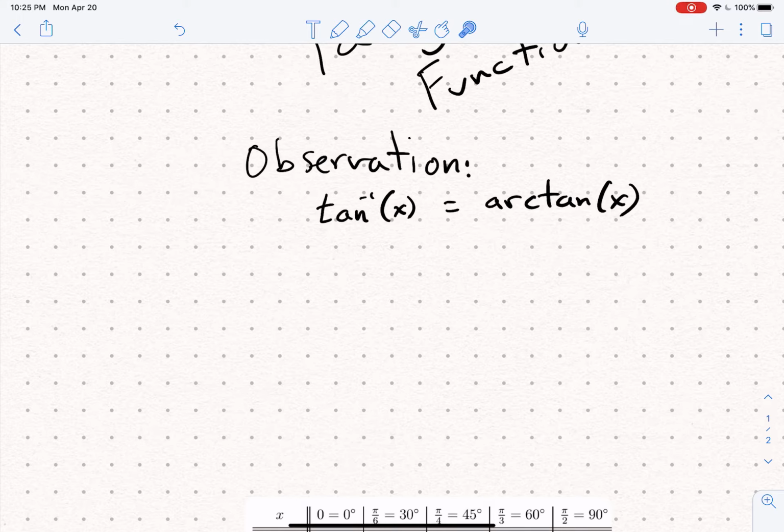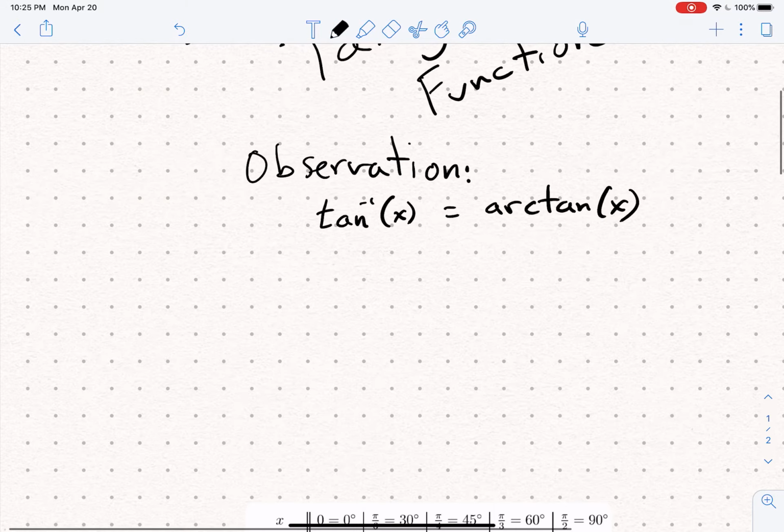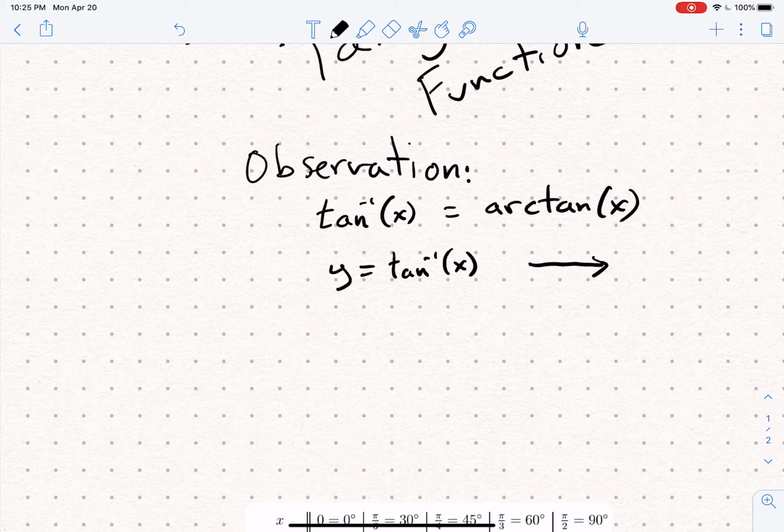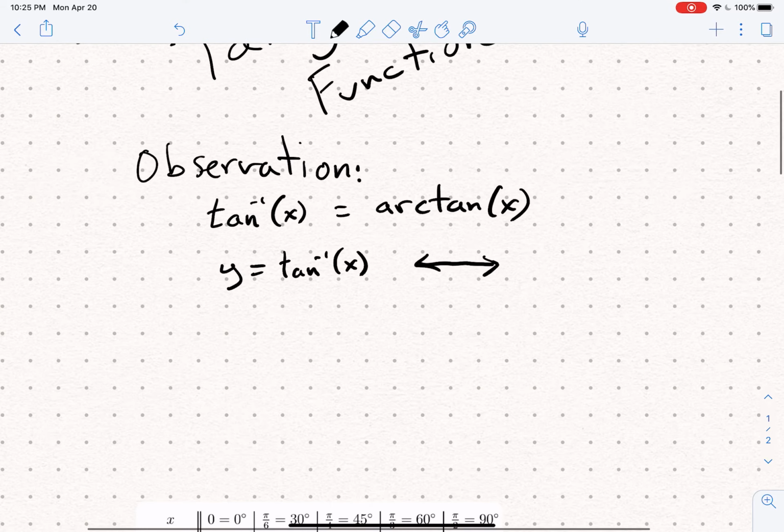And the general idea behind the inverse tangent function is if you have y equal to inverse tangent of x, this is sort of the same as saying that the tangent of that y, the y is like your angle here, the tangent of y is equal to x.